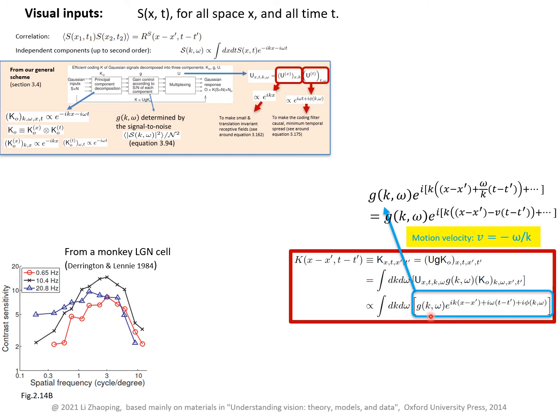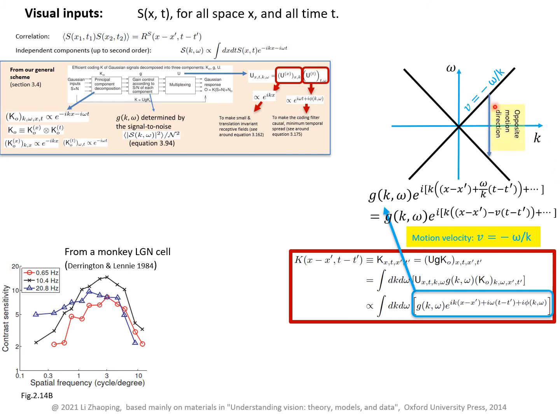Of course, we have many different frequencies k and omega. So in this frequency space, there is a motion velocity v associated with each pair of k and omega. And these pairs on this line share the same velocity v. And frequencies on this line have the opposite velocity.